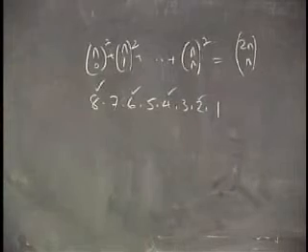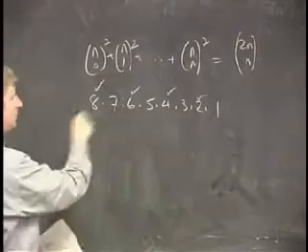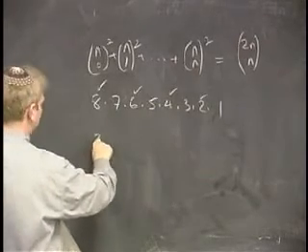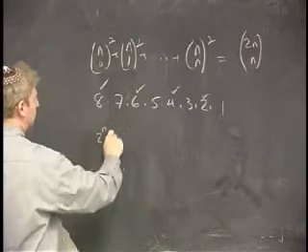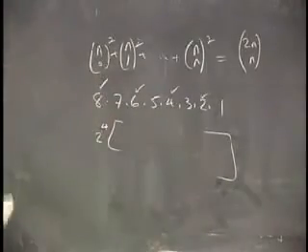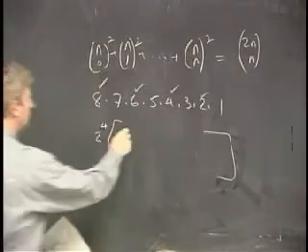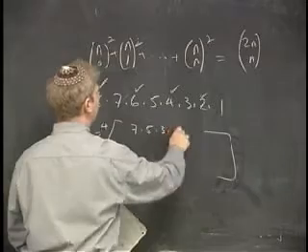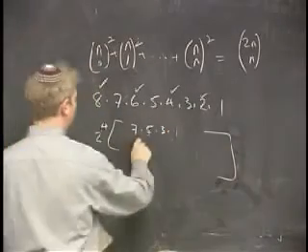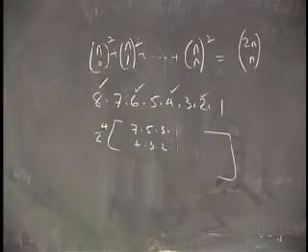Right? If I do, what happens? How many 2's do I pull out? n in general. In this case, 2 to the 4th. And what's left? I got 1, 3, 5, 7 times 4, 3, 2, 1. Ugh.